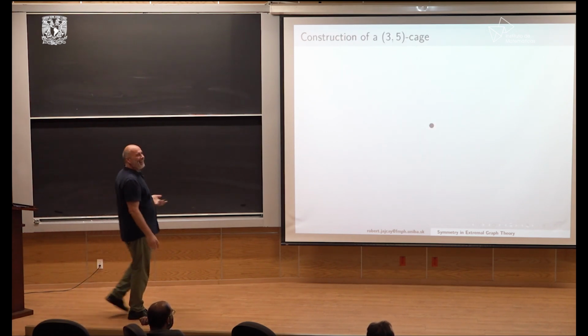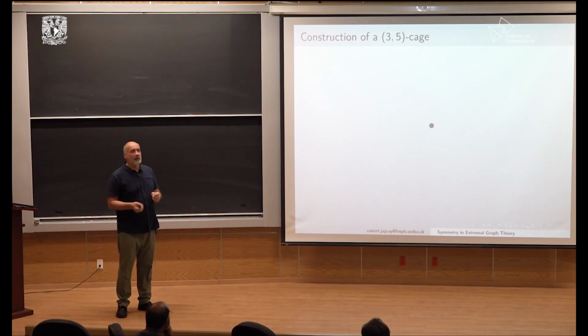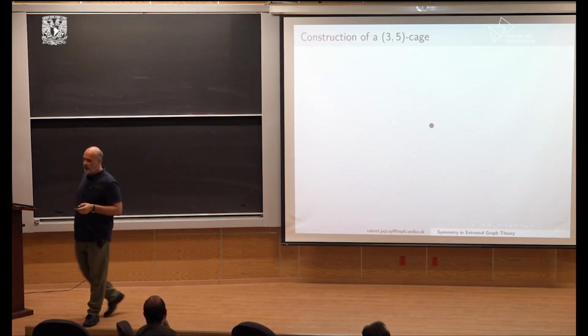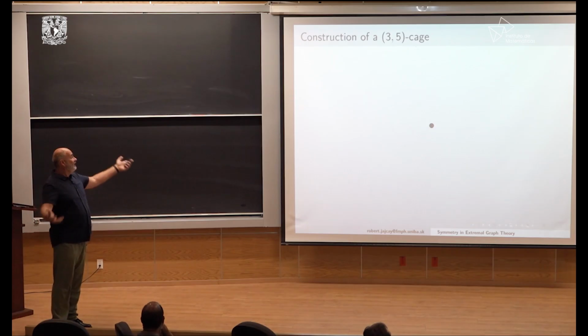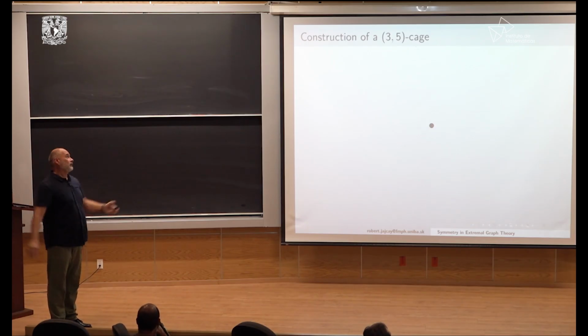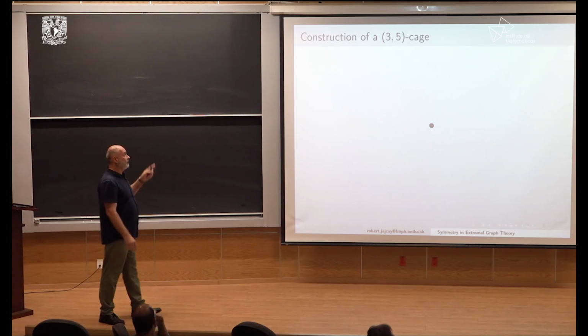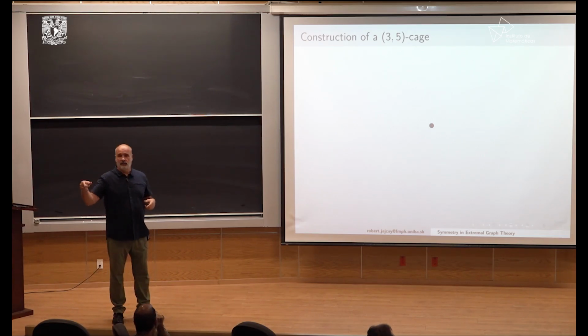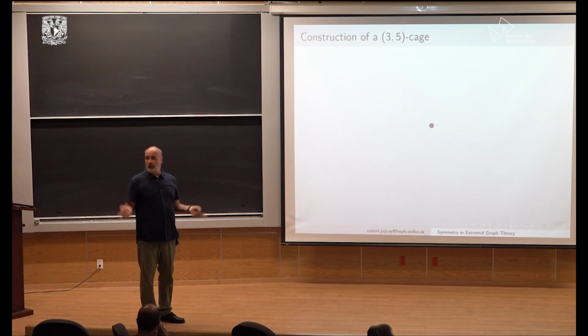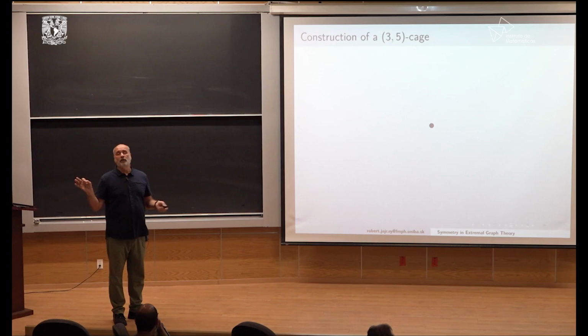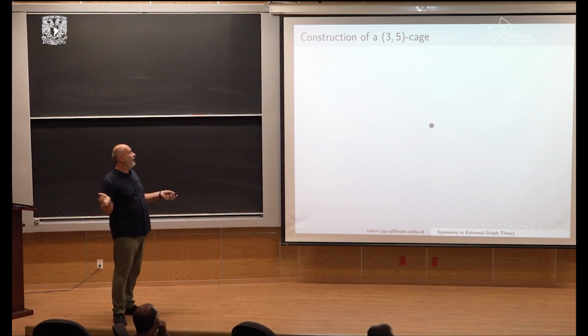Okay. And here is something that you probably have done in your introductory course on graph theory. We're going to construct together a (3,5)-cage, yeah? So what are we constructing? A graph in which each vertex is of degree 3, there is no cycle shorter than 5, but there is a 5-cycle, and it has the minimum number of vertices possible, okay?